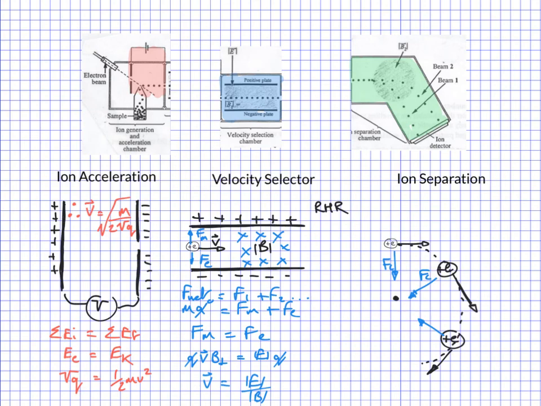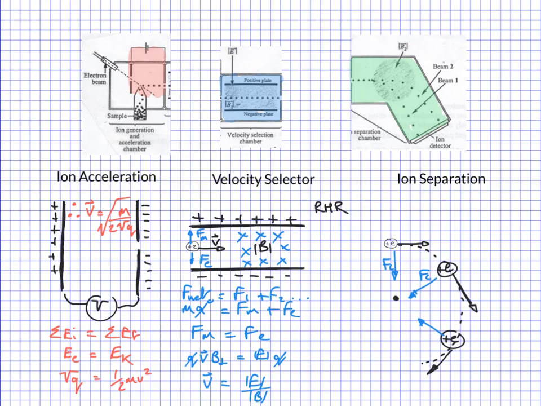Okay, so we need to determine which direction the magnetic field is in. So this is where we get our right-hand rule out again. The initial condition was that as the ion entered the chamber, its velocity was to the right of the page. So our right-hand thumb is going to be pointing to the right of the page.